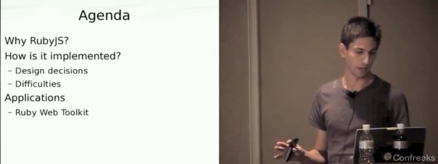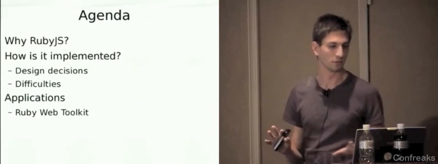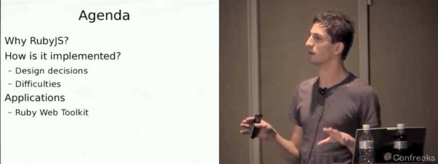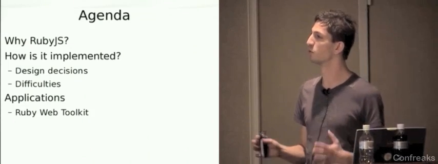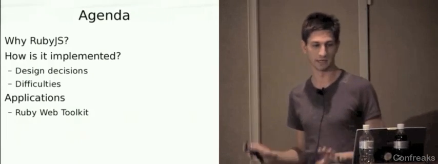And at the end I will talk a little bit about Ruby Web Toolkit, which is a port of Google Web Toolkit to Ruby.js, but it's not complete at the moment.